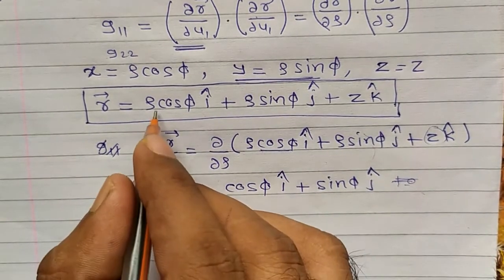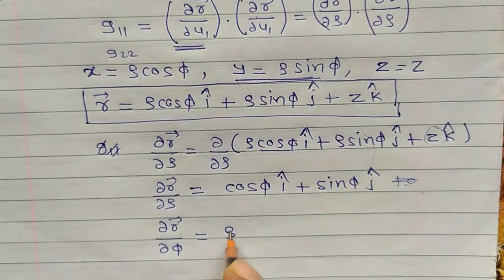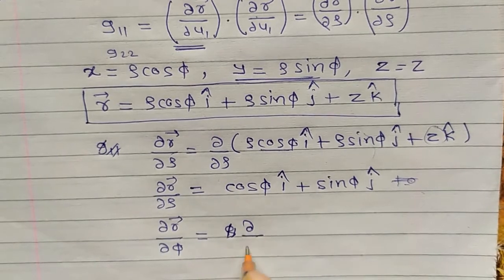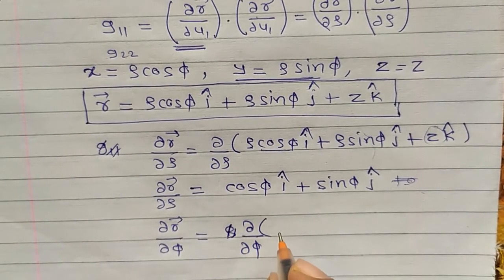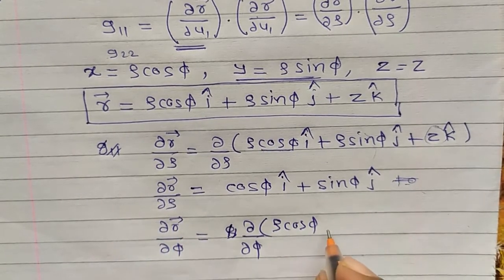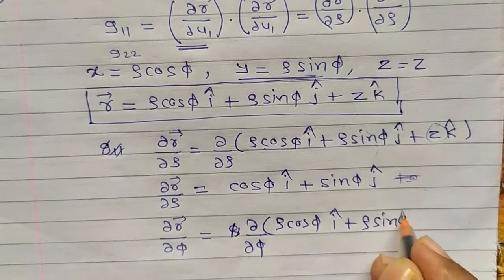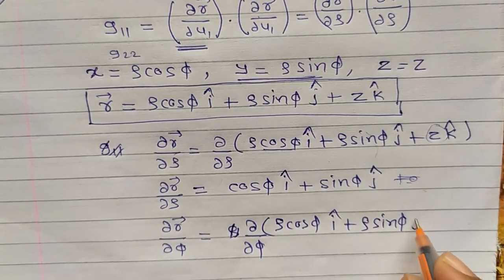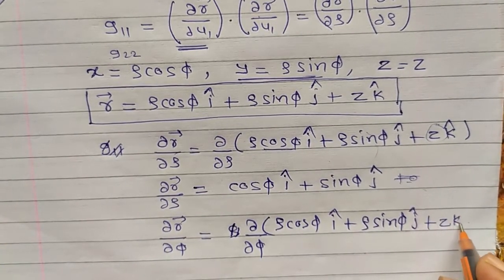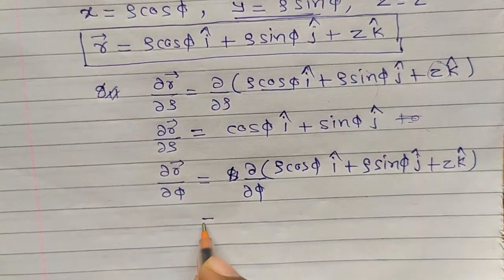Rho will be as it is, right? And the derivative of cos phi. Okay, let us do it explicitly, delta by delta phi, so that there will not be any confusion. I'm putting the value of R bar: rho cos phi I cap plus rho sin phi j cap plus z k cap. Okay, what do you see from here?